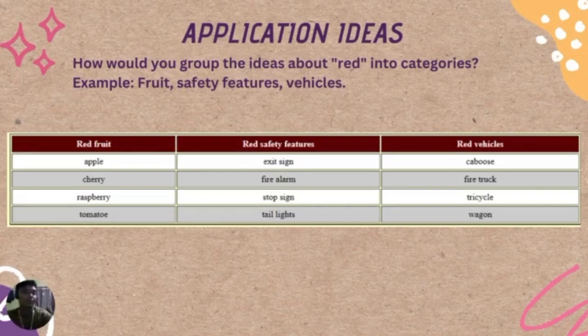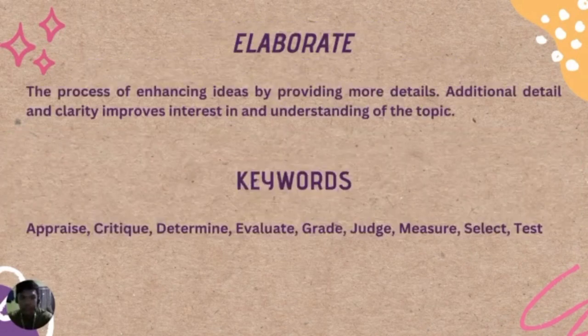flexibility criteria. So the next criteria is the elaborate. So what is elaborate? The process of enhancing ideas by providing more details. Additional detail and clarity improves interest in and understanding of the topic. So elaboration within this framework transcends the initial phases of ideation, extending into the realm of refinement and enrichment.